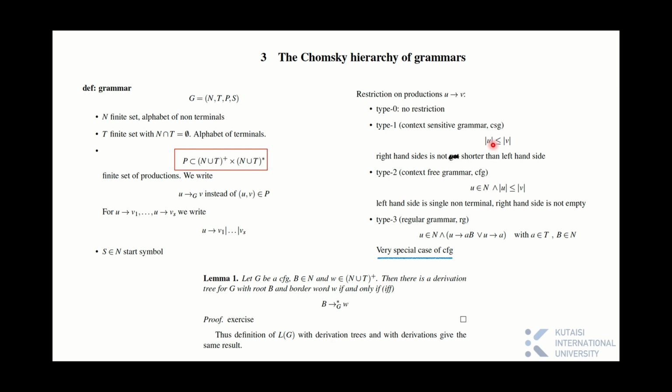So u is not empty, so the size of u is at least 1. If you require that v is bigger or equal to u, the left-hand side, then you're requiring v to have size at least 1. So you can never have a derivation that produces an epsilon in this case.